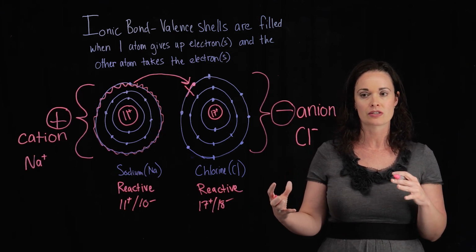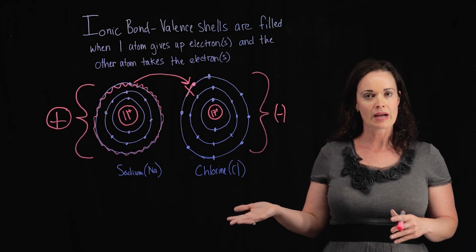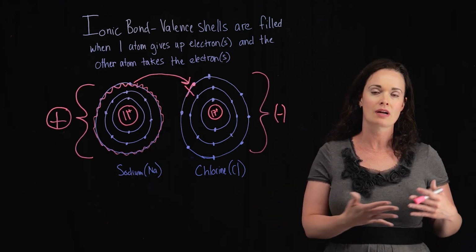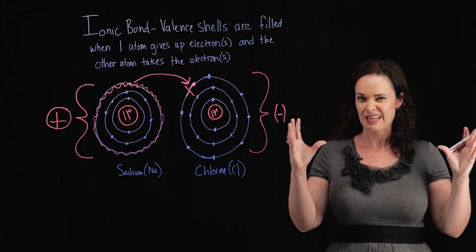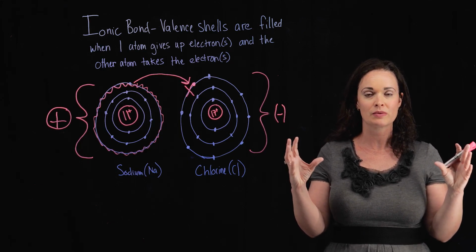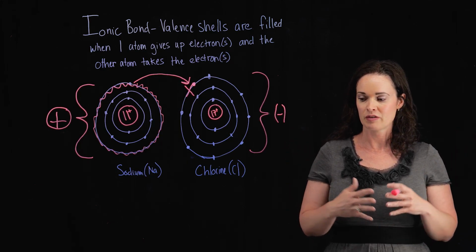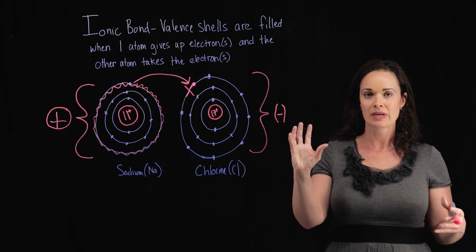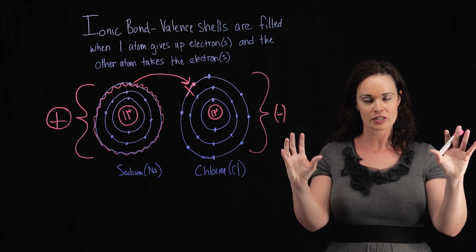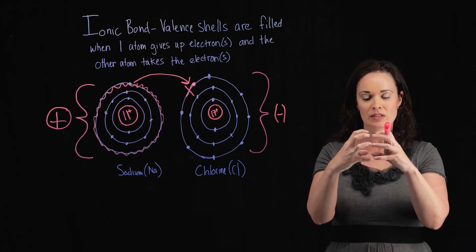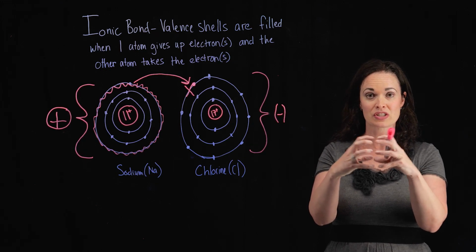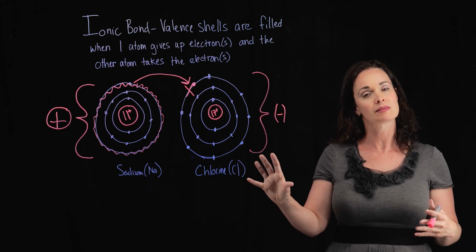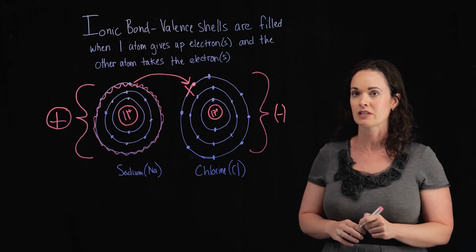After sodium gives up its electron to chlorine and becomes positively charged and chlorine becomes negatively charged, we've got these atoms in close proximity with opposite charges. You've probably heard the saying opposites attract, and that is true in chemistry as well. So the positively charged sodium and negatively charged chlorine are going to bind to each other through a magnetic interaction, simply because one is positively charged and one is negatively charged.